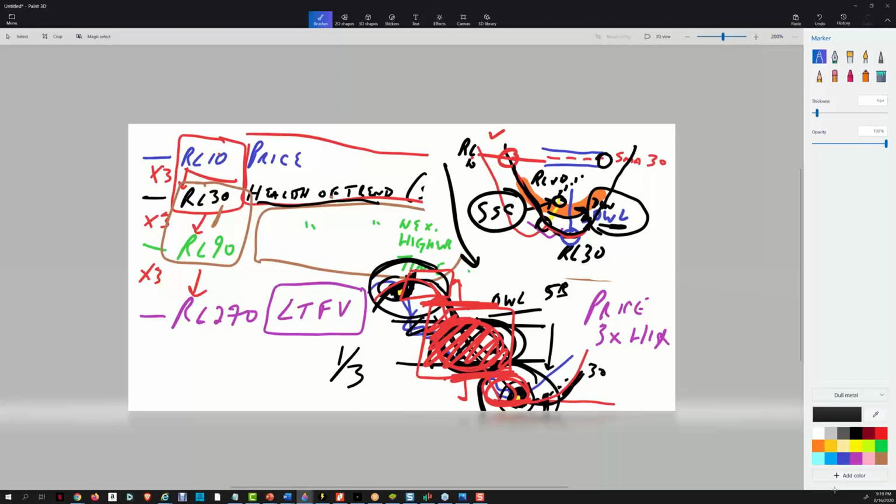And when it crosses the river, now you had price, and the RL10 has left the river, and then when the RL30 leaves the river, you now have price, the 10 and the 30, all north of the river and all traveling up together.